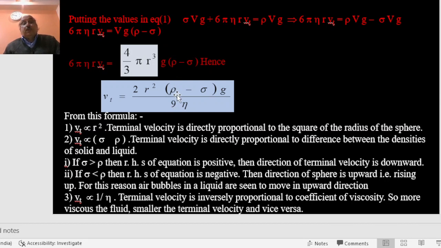The terminal velocity becomes negative. So the terminal velocity depends on the square of the radius, the difference of densities, and is inversely proportional to eta. This is an important equation to derive for terminal velocity.